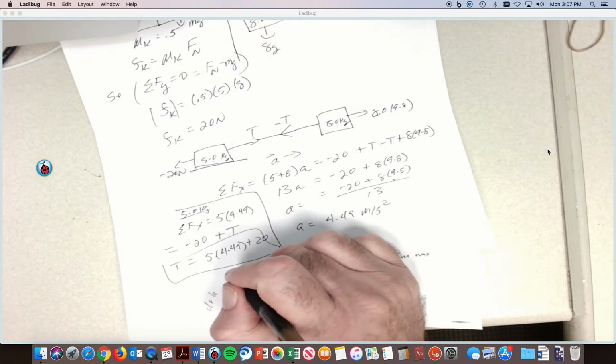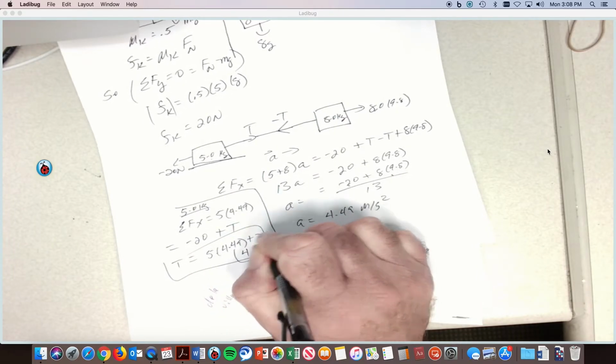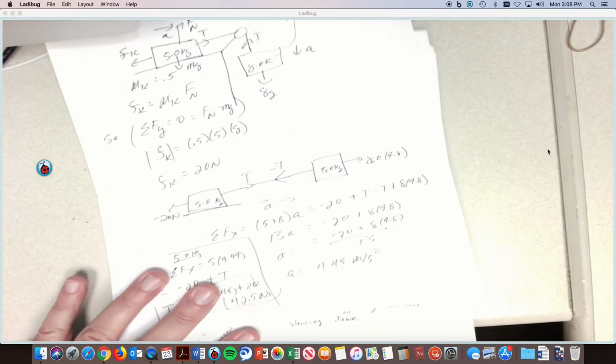And that comes out to be 42.5 newtons. That's the tension in the rope. Easy peasy.